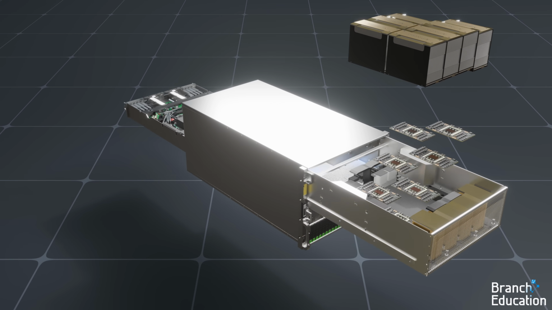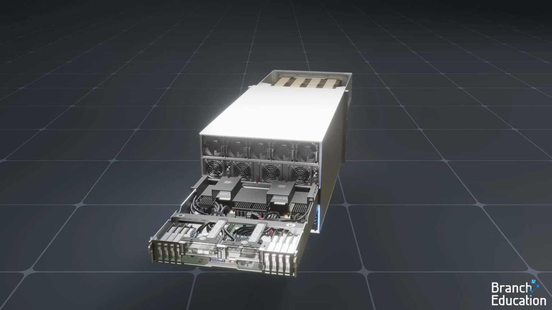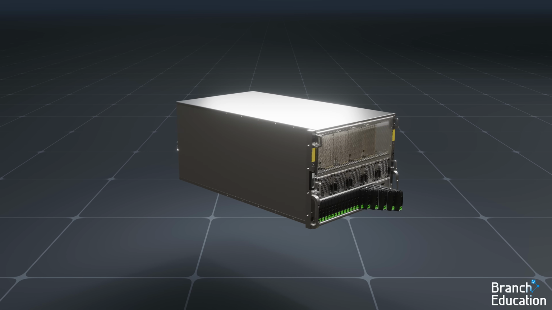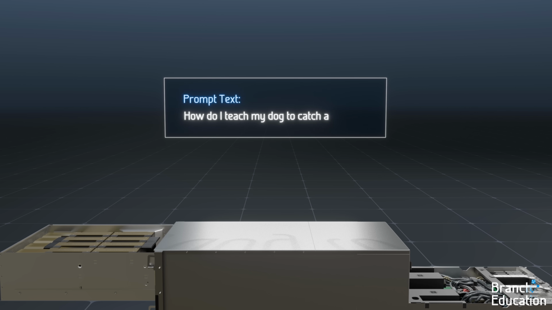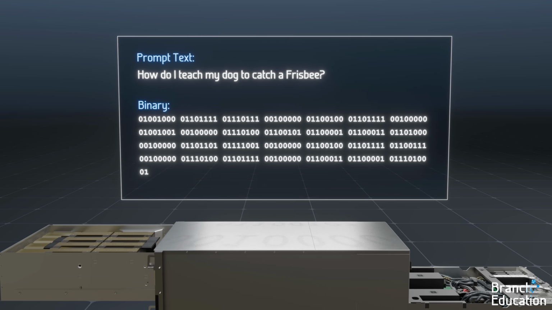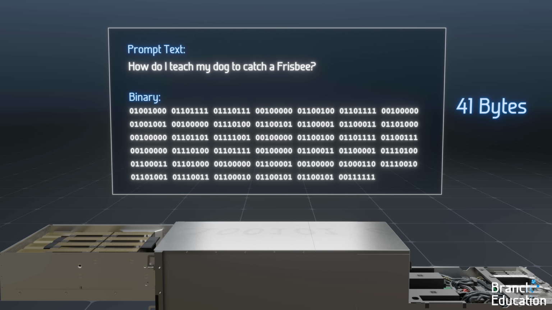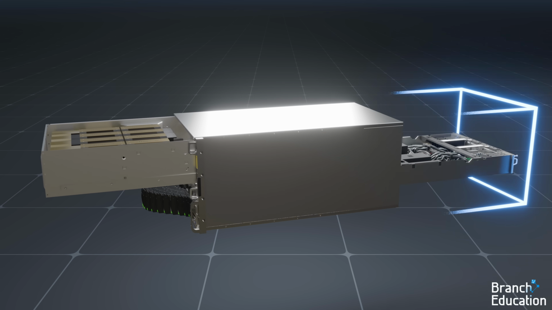Specifically, inside a single AI server, there can be terabytes of memory and hundreds of terabytes of storage. However, this raises the question: if a paragraph's text, when converted to binary using ASCII, occupies only a few hundred bytes, why does AI need such large amounts of memory and storage?